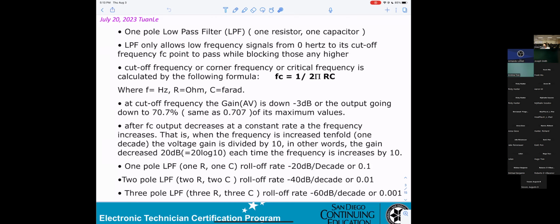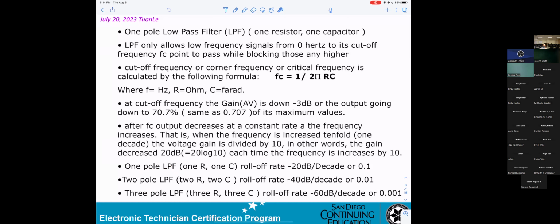Now we're talking about one-pole low-pass filter, 1R, 1C. Roll-off rate will be 20 dB per decade, equivalent to 0.1. Two-pole, that means you get 2R, 2C.